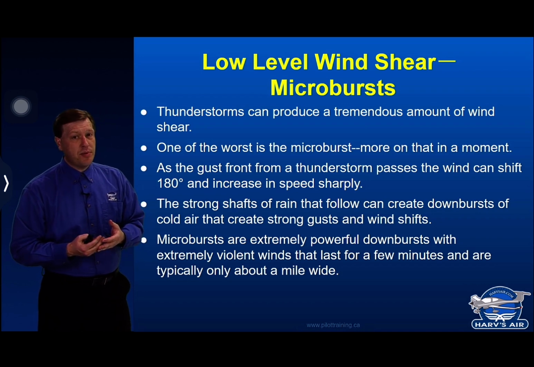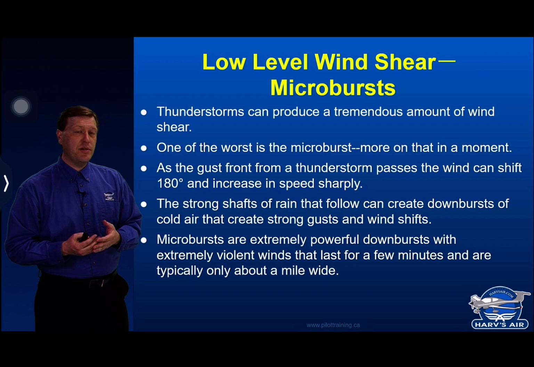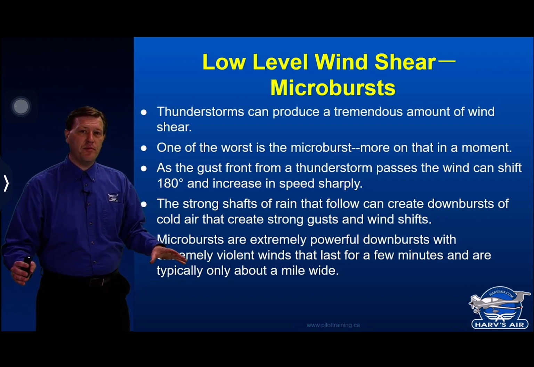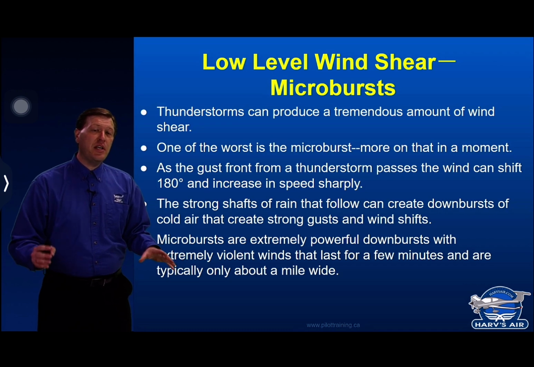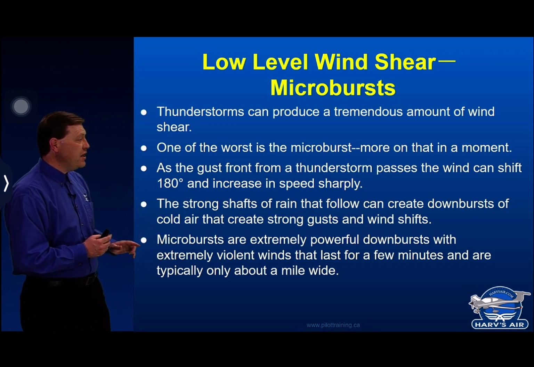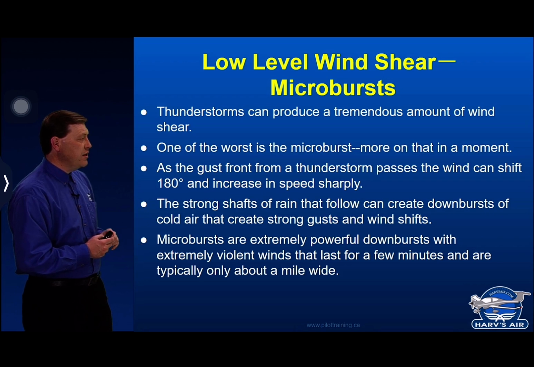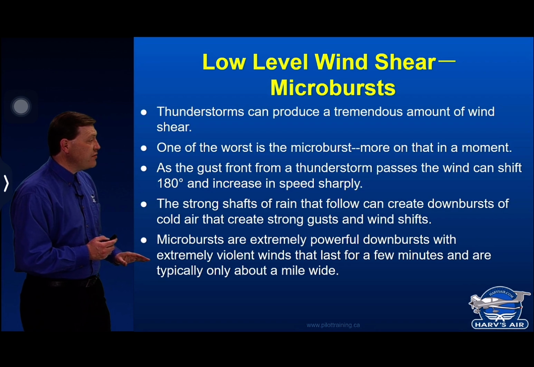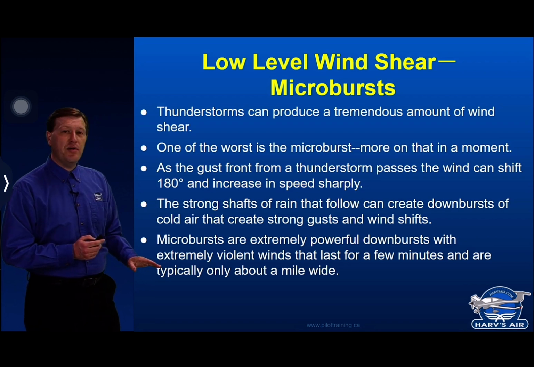Downbursts can produce some pretty violent turbulence as well. The rain falls down and it suddenly spreads outward. Extremely intense downbursts, those can be known as the microburst. Extremely powerful downbursts with extremely violent winds that last for a few minutes and are typically only about a mile wide.